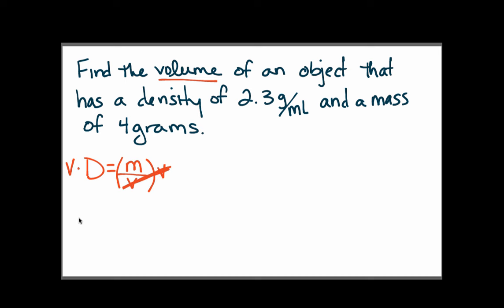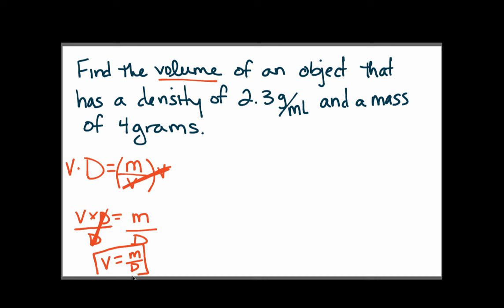So I'm left with volume times density equals mass, but I haven't got volume alone yet. So then I'm going to divide both sides by density because I want to get volume alone. Then the densities cancel out, numerator and denominator, and I'm left with the equation volume equals mass divided by density.